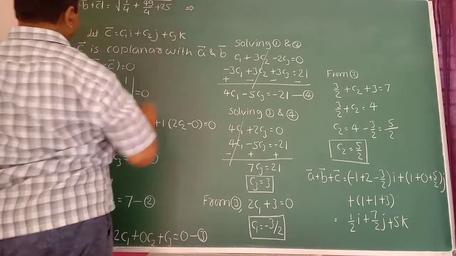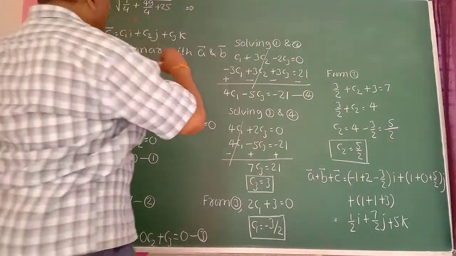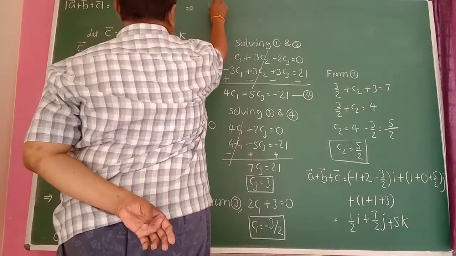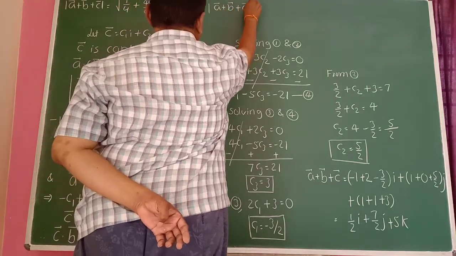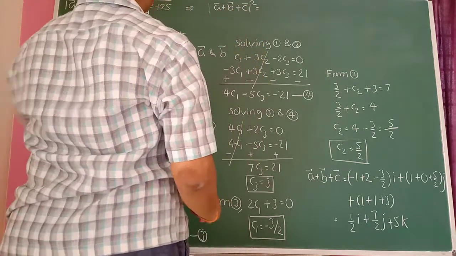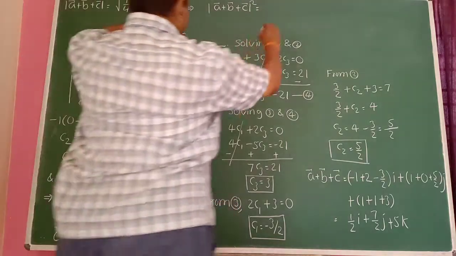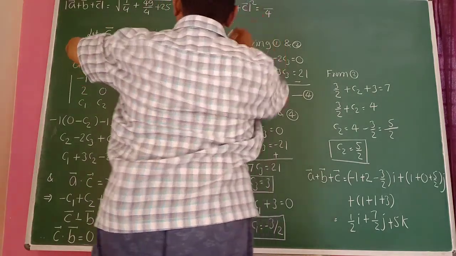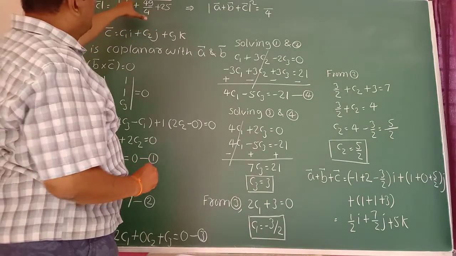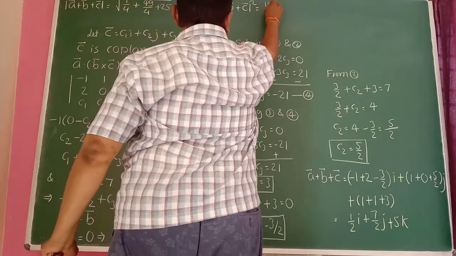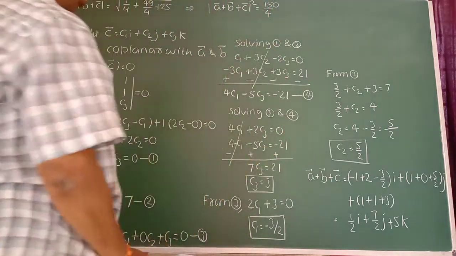Then this implies, squaring on both sides here. Therefore modulus of A bar plus B bar plus C bar, its square is equal to, here 4 is the LCM. Therefore right here 4. Then 25 4s are 100. 100 plus 50. So 150 here.